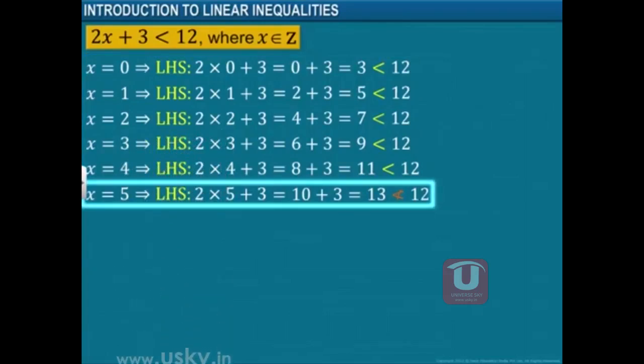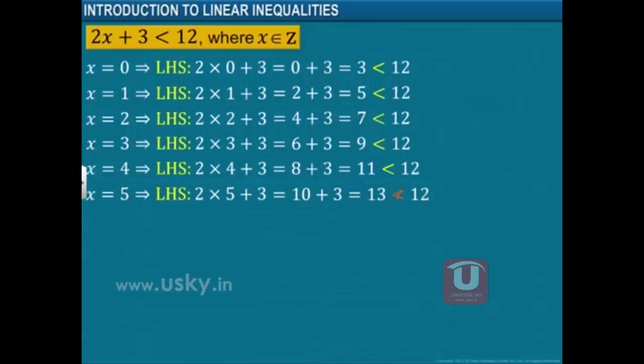When 5 is substituted in place of x, we get the value of the left-hand side as 13, which is greater than the value on the right-hand side, which is 12. We can say that the statement does not hold true for x is equal to 5. Further, we can observe that the statement holds true even for the values of x less than 0.